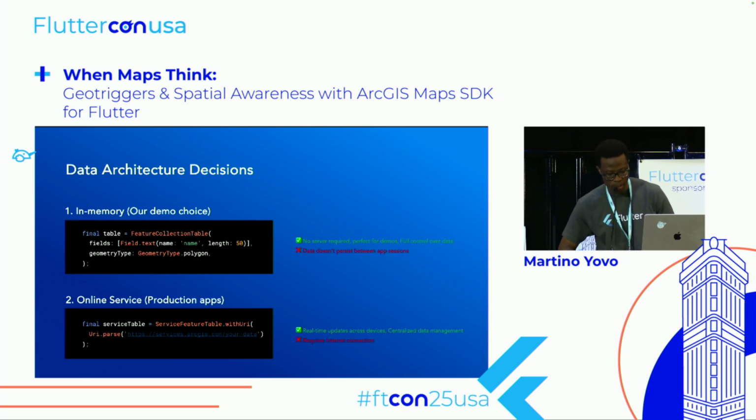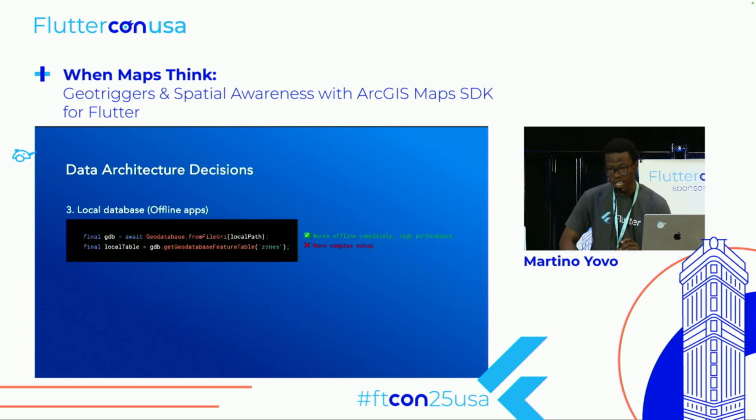And it's real time as well. And the third one is the location database, the geodatabase, and this is fully offline, it supports offline mode. So if you want to get data and show it to the user offline, you can definitely use it. And I'm going to show you all this in the demo so you can see actually how it works from a code perspective.